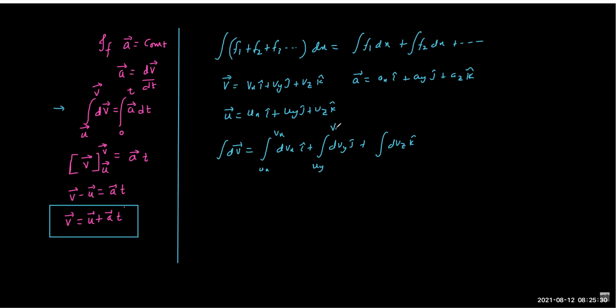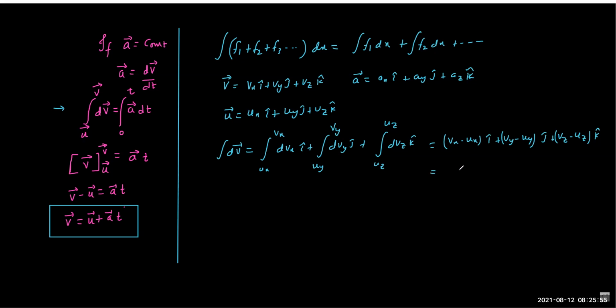I'm just showing you why it is similar, although it's not a simple thing that you can take for granted. And then it turns out to be eventually vx minus ux i cap, vy minus uy j cap, and vz minus uz k cap.